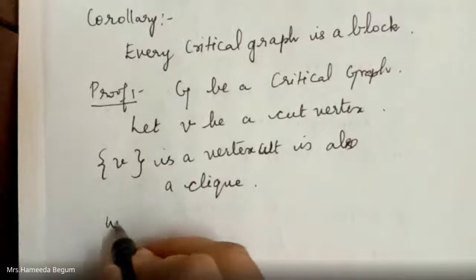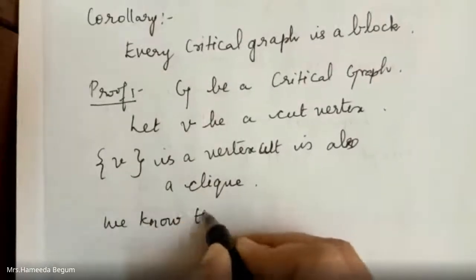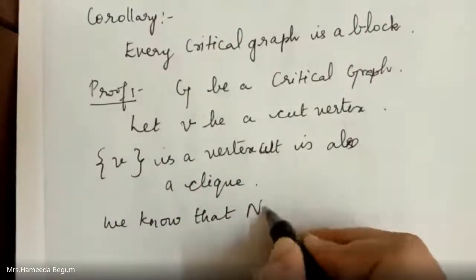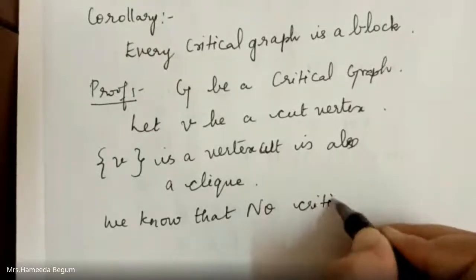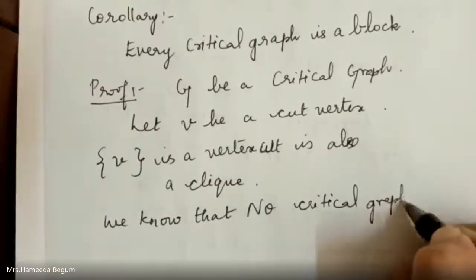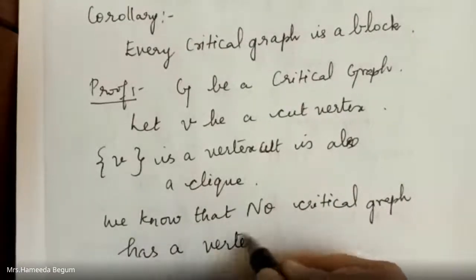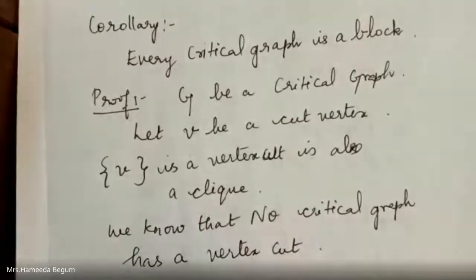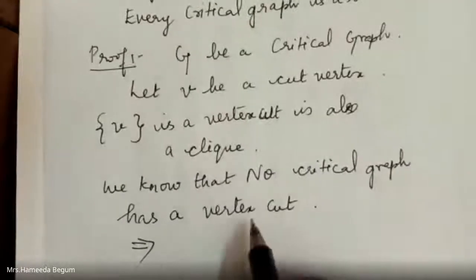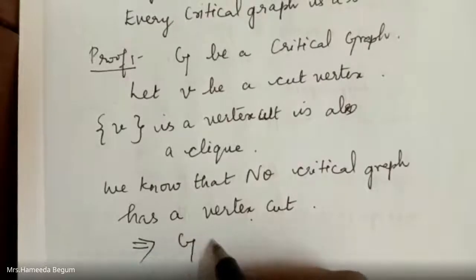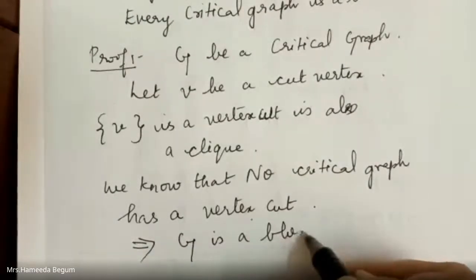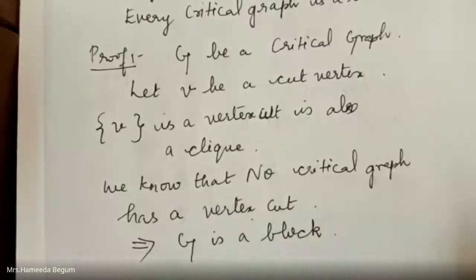So if there is no vertex cut, then the graph G is a block. Therefore, since a block is a connected graph without cut vertices, G becomes a block.